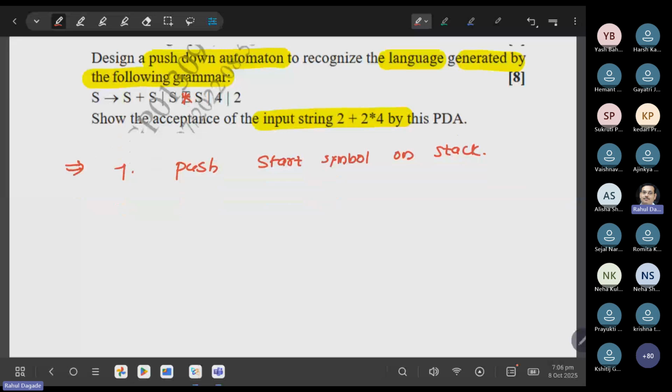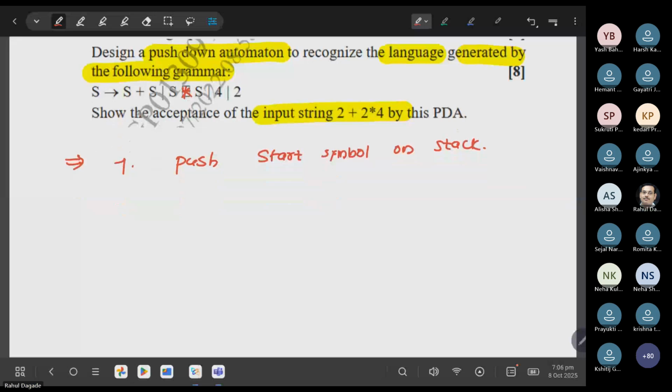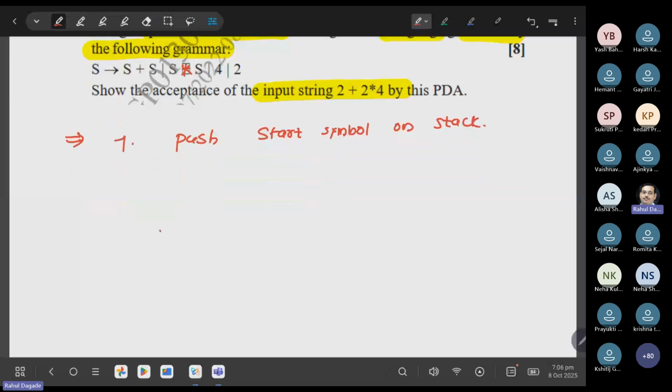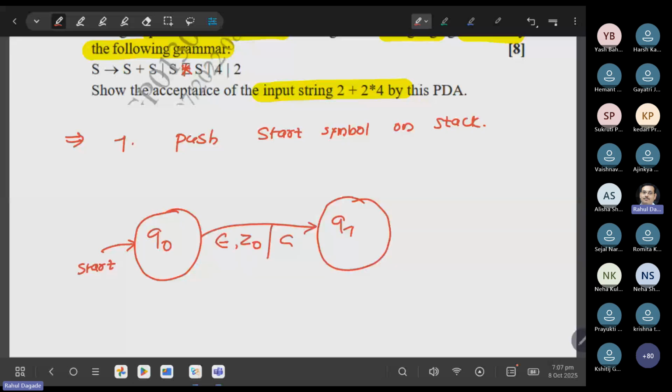So here we are in the Q0 state. This is the start state. From the start state we go to the Q1 state by pushing the start symbol on stack. So when null is the input and Z0 is on stack, then push S on stack.